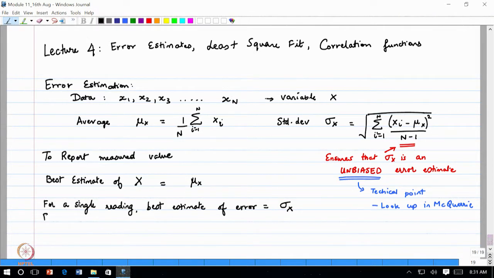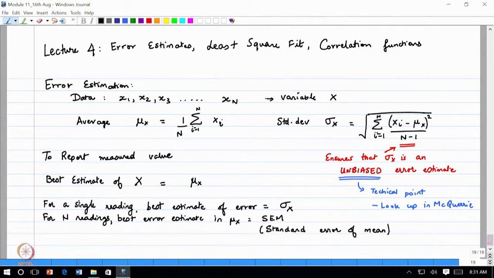Okay. For n readings, the best error estimate in mu x. The question is how close do you think mu x is to the actual answer? So, the best error estimate. This is called the standard error of mean. So, it is the error in mu x.